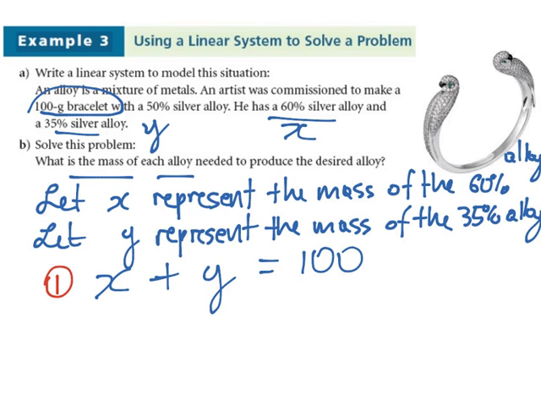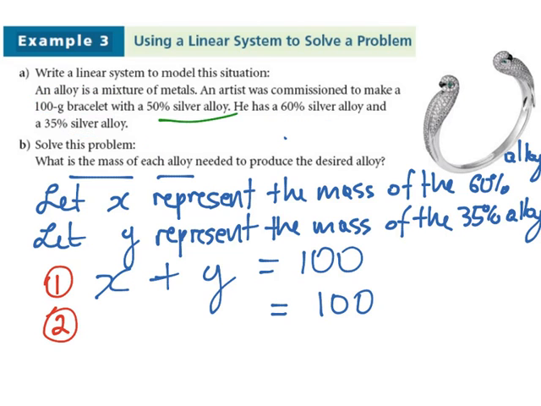Now our second equation is a little bit tricky. We know that we have 100 grams of 50% alloy. That means 50% of this 100 grams is pure silver.